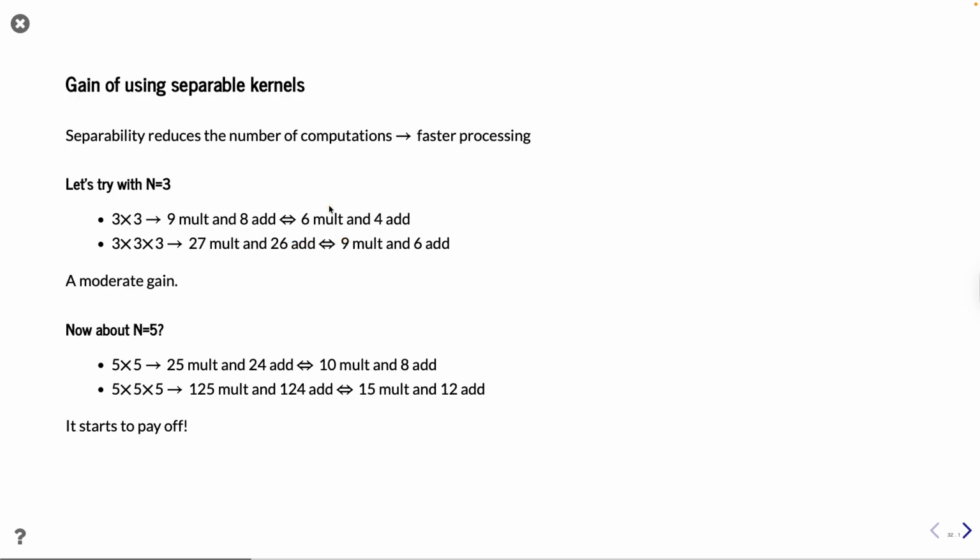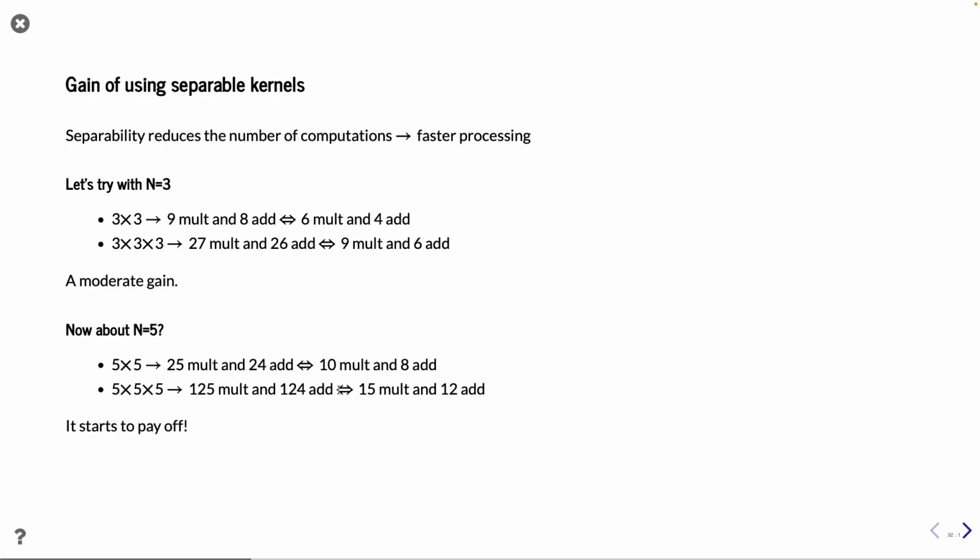When it becomes important is when you want to speed up things. The advantage is if you have a 3x3 kernel, that would mean that you have 9 multiplications and 8 additions. If you do it with separated kernels, then you would have 6 multiplications and 4 additions.